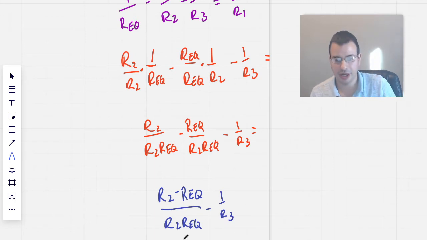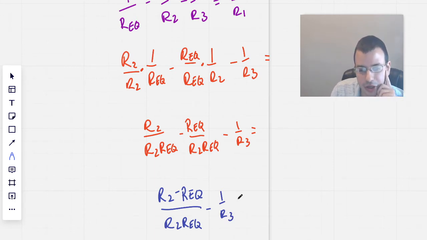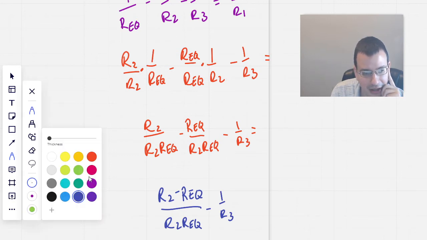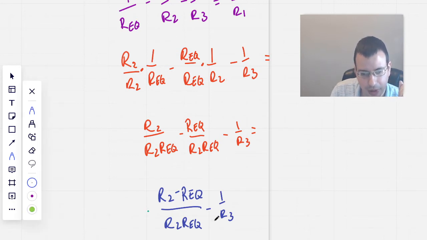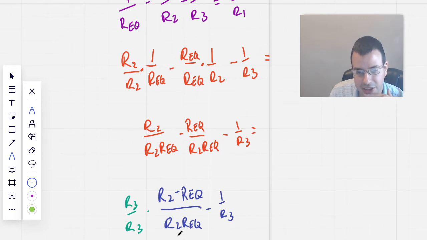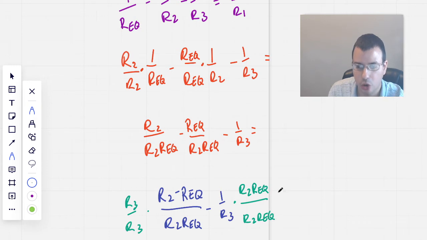So now we're going to try and combine these two. And the way we're going to do this is we're going to multiply this side on the left by R3 over R3. That way the denominator is going to pick up an R3. And this over here, you can see it's missing an R2 and R equivalent. So we're going to multiply the top and the bottom by R2, R equivalent. And again, we multiply the top and the bottom because that makes it the same as multiplying by 1. And this is 1 over R1.